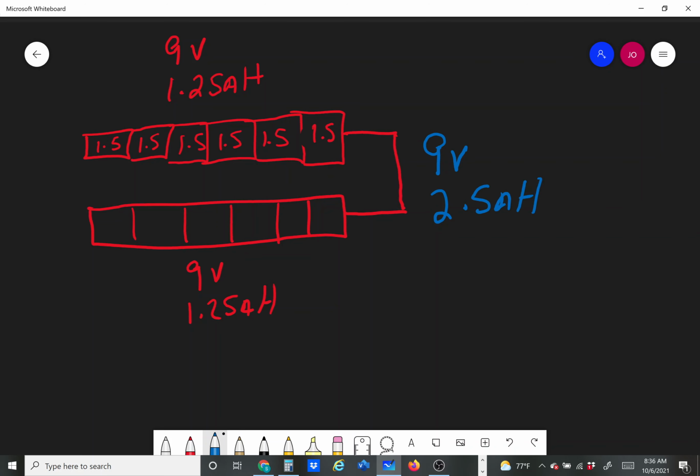So to answer this question, I need 12 batteries. Six of them each to give me 9 volts and 1.25 amp hours. Awesome sauce.